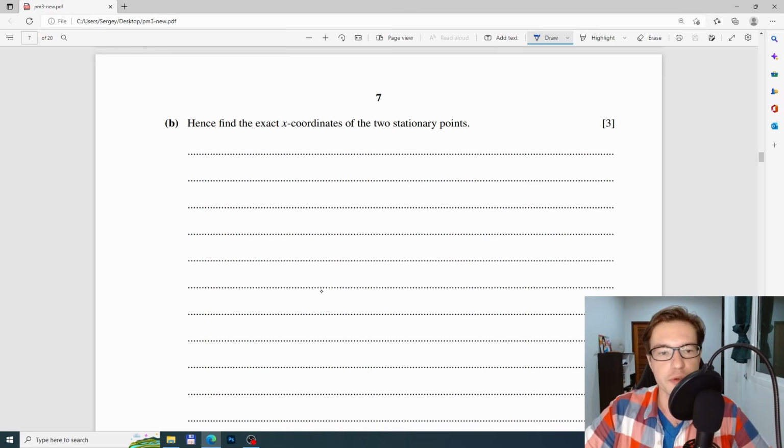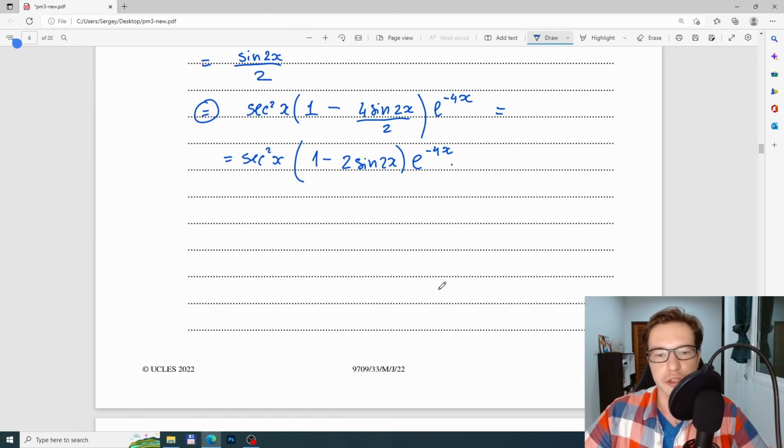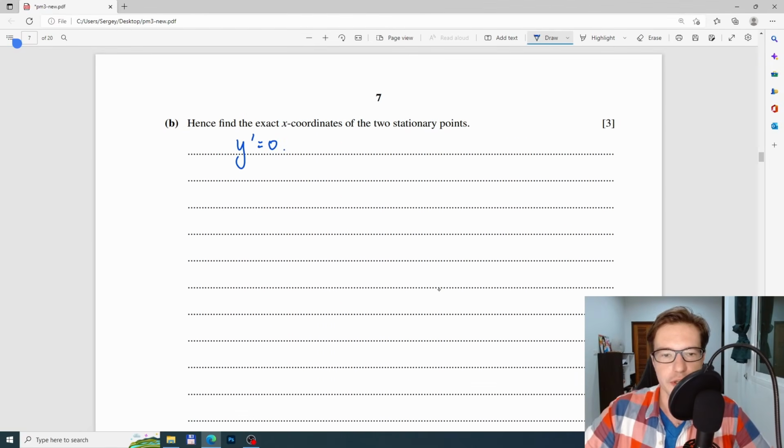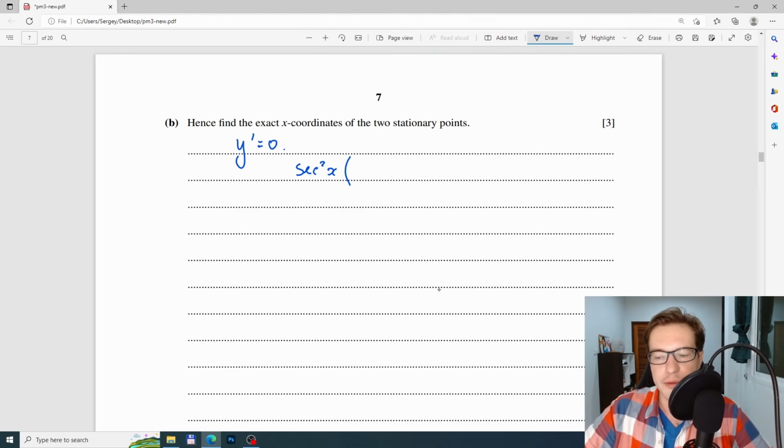Okay, next one is about finding the x coordinate of two stationary points. And in order to do so, we'll have to make the derivative equal to 0. We already have a derivative from the previous question. So let's use it and say that secant squared x times the bracket minus 2 sine 2x plus 1 times e to the power of minus 4x equals 0.